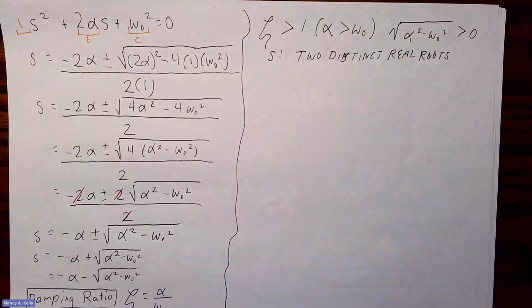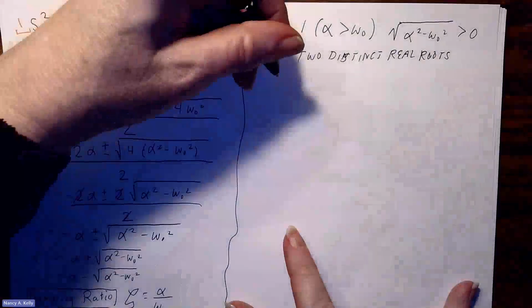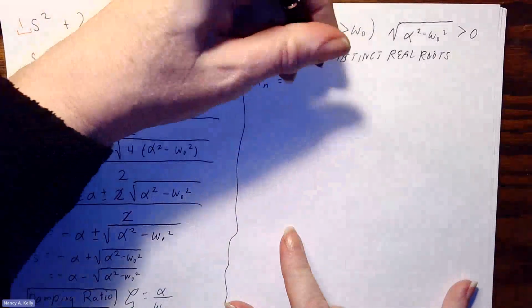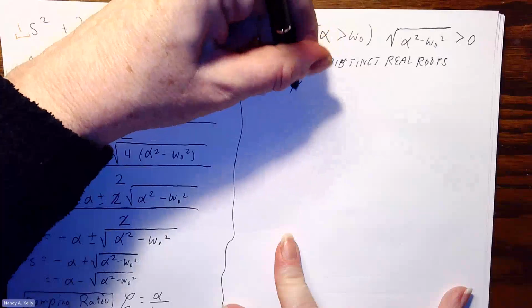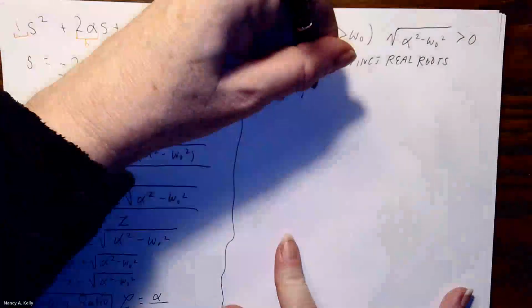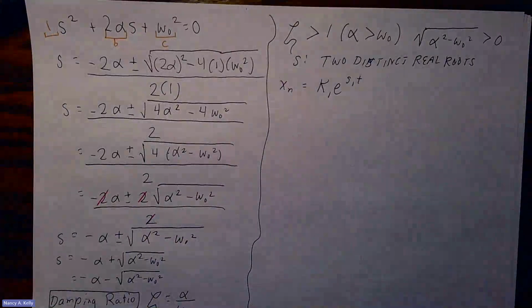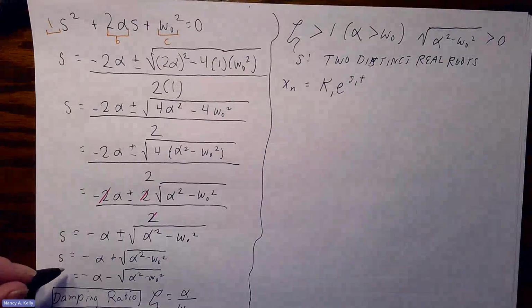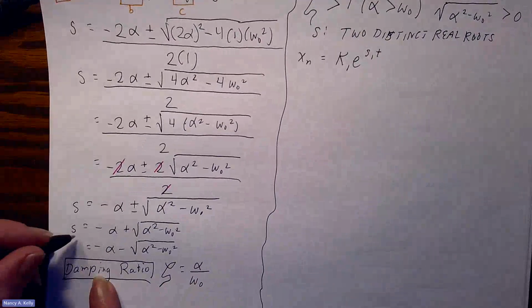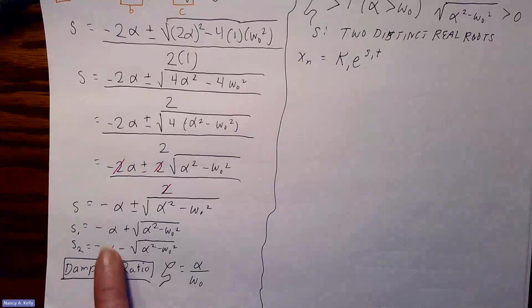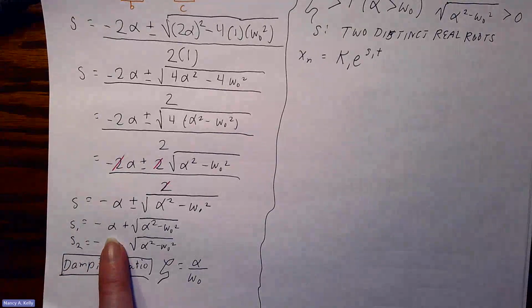And that means that we can express x sub n as some constant k1 e to the s1t, where s1 is one of the roots. Let's just go back here and let this one be s1 and this one be s2. Here they are. They're different from each other.